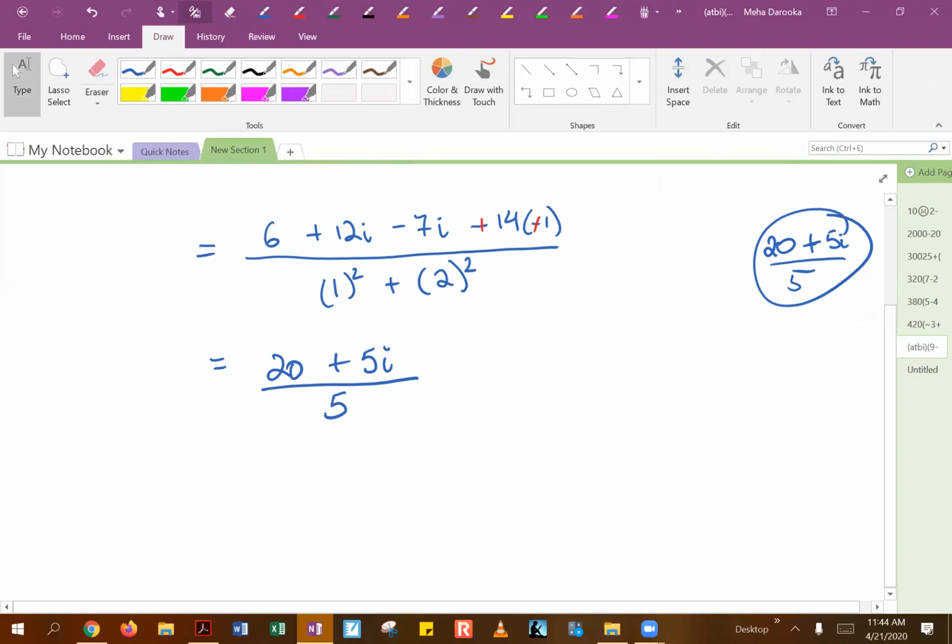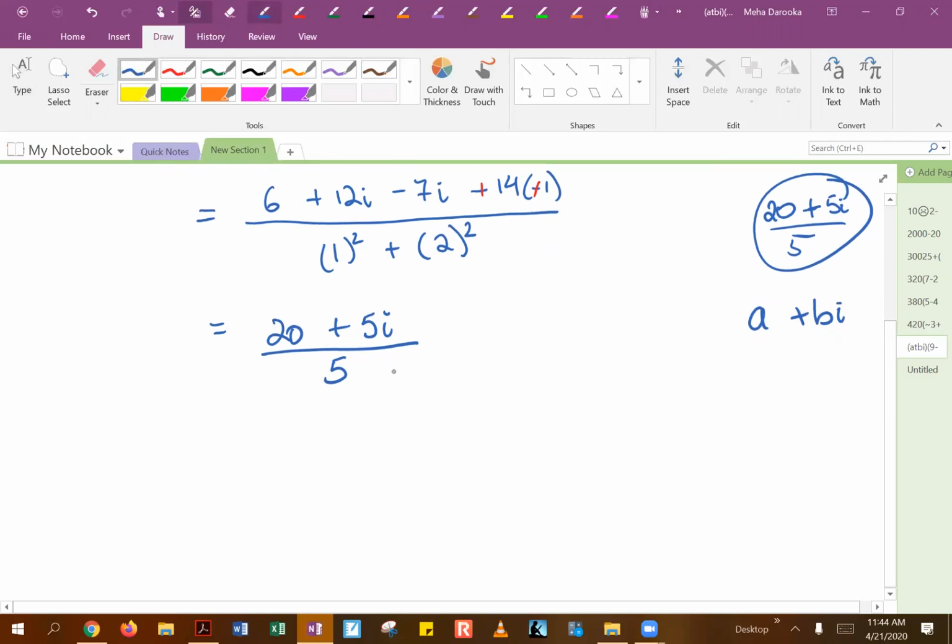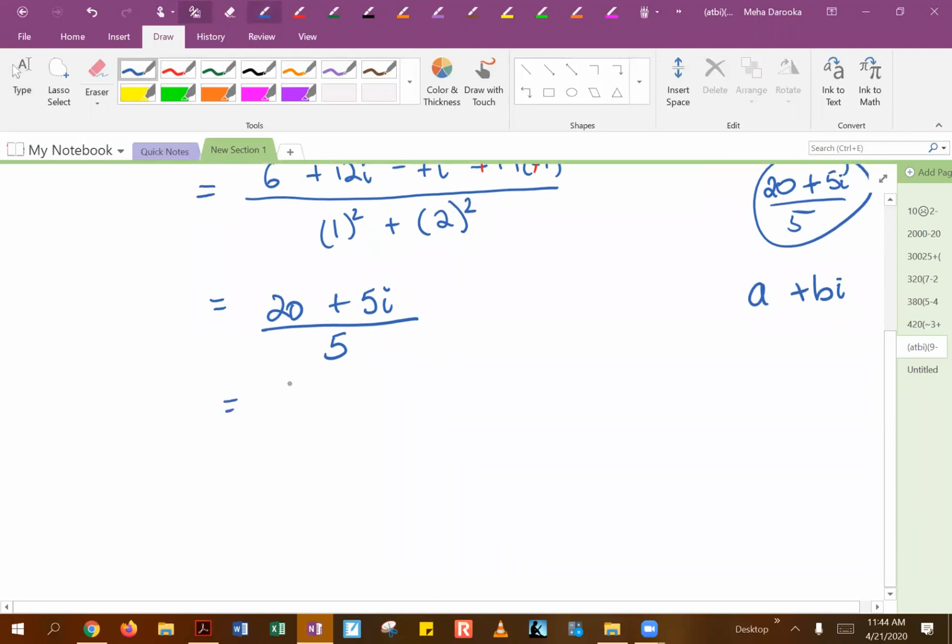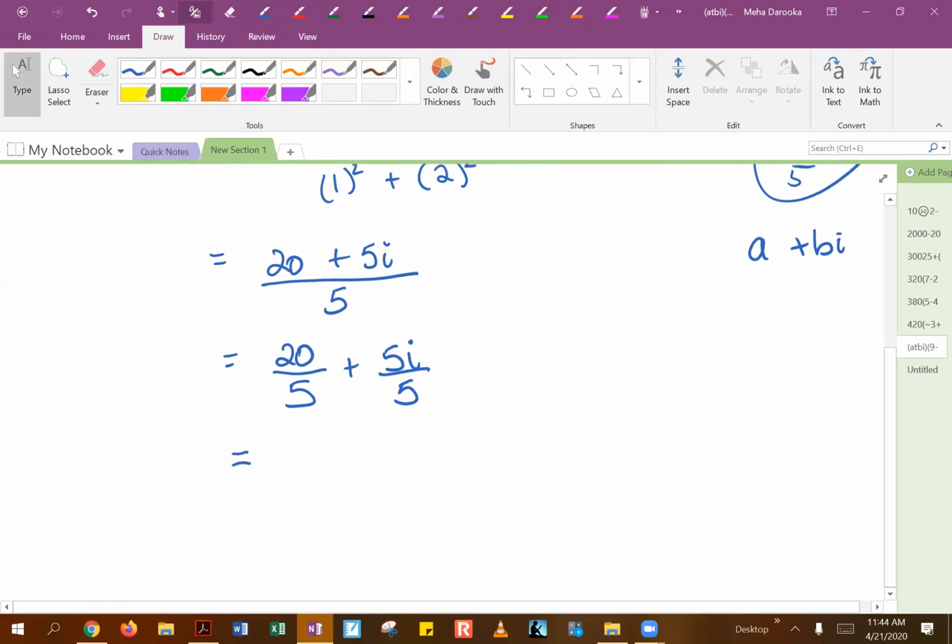Now, what happens with complex numbers, since we want to write them in standard form, you don't want to leave that common denominator. So we will go ahead and separate that denominator and write it as 20 over 5 plus 5i over 5. And then when you simplify that, what will you get? 4 plus 1i.